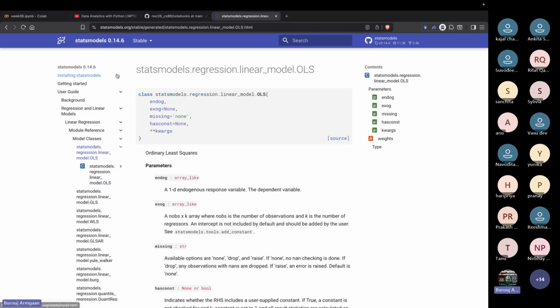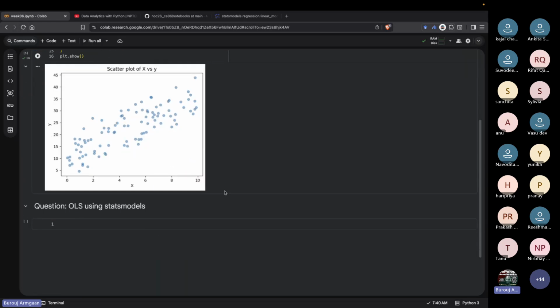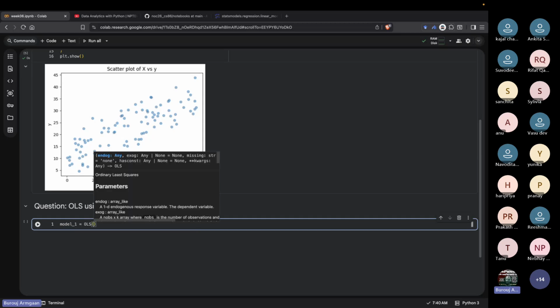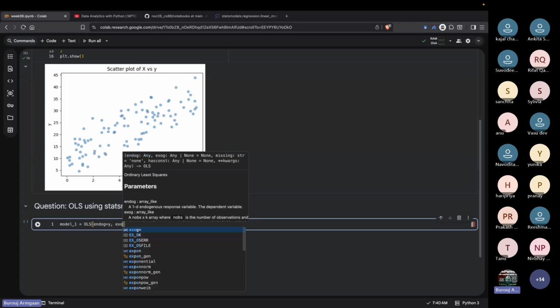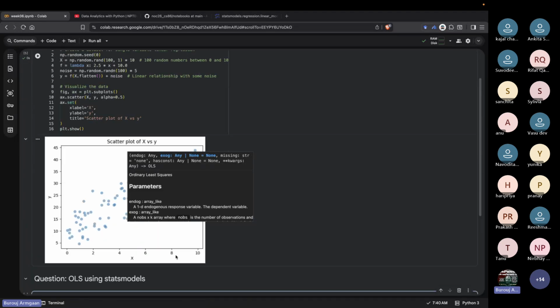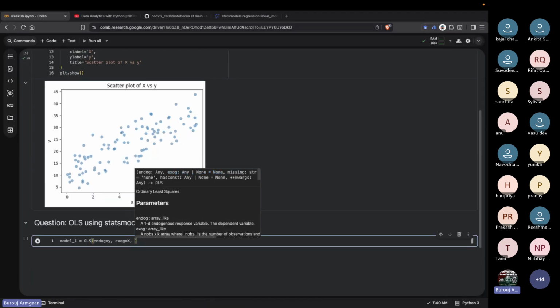So we have these two things. Let's try it with that and see what we get. We can say our model, let's say model1, is equal to ordinary least squares. Our endogenous, that is the thing that we are predicting, is y, and our exogenous, that is the thing that is independent, is our x. All right.